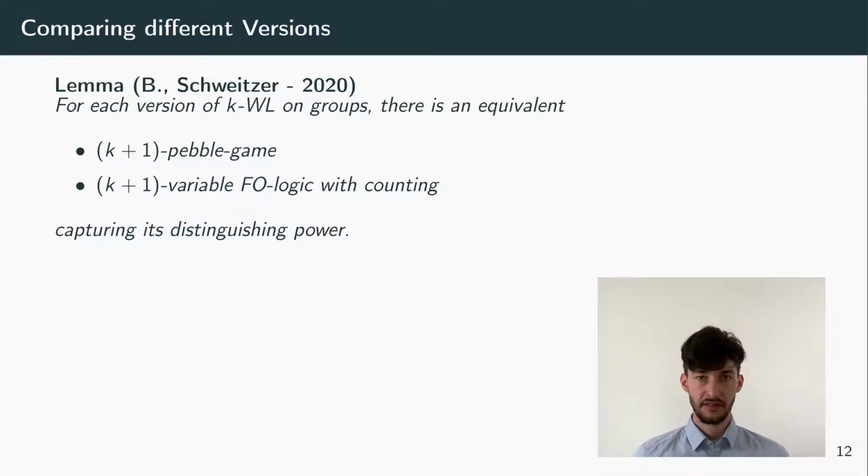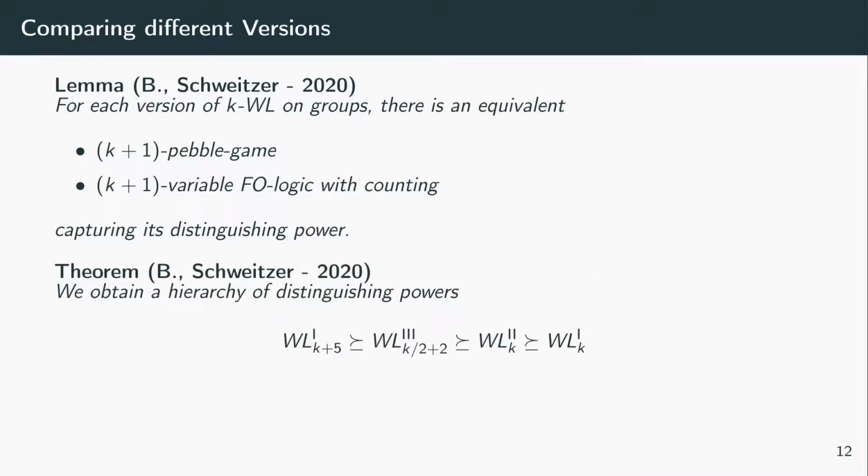And these results are completely analogous to the graph situation, and so are the proofs basically. But this makes it clear for me that these things are really natural on their own. And now, using these characterizations, we can compare the different versions to each other, and we obtain that we can actually fit them in a hierarchy like this.